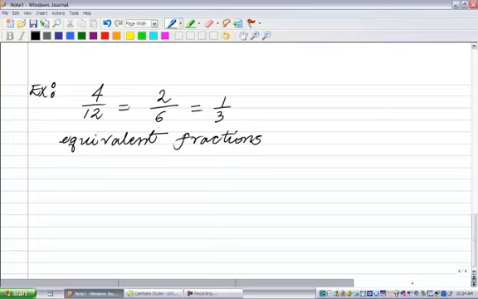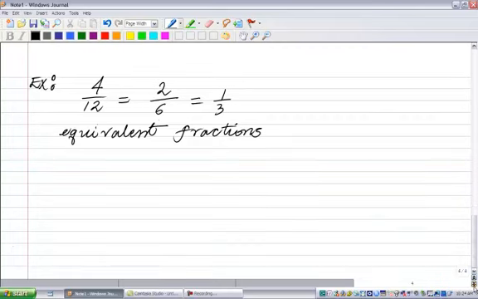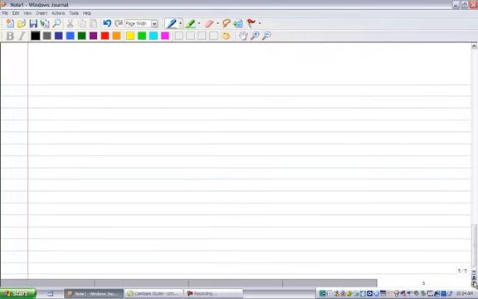Okay. All right. So some properties now. Let me open up another window. Some of the properties of fractions.